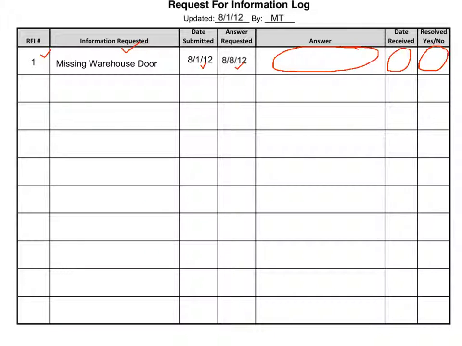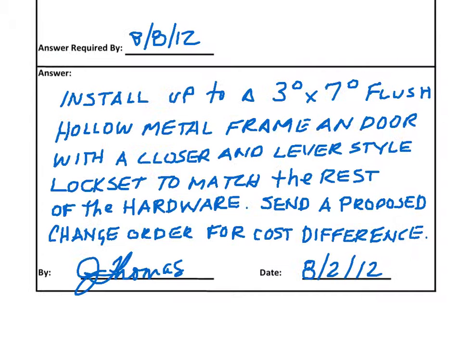Having a system like this allows the contractor to be able to keep up with all the requests for information in one place and be able to easily discuss it and see what the status on each RFI is at any given point. So we issued the RFI on the 1st of August and we requested the answer by the 8th of August.